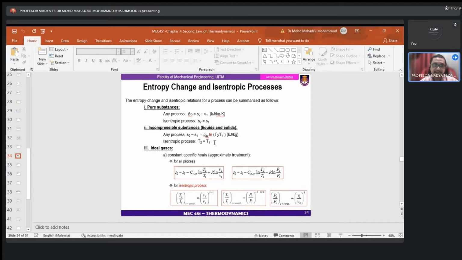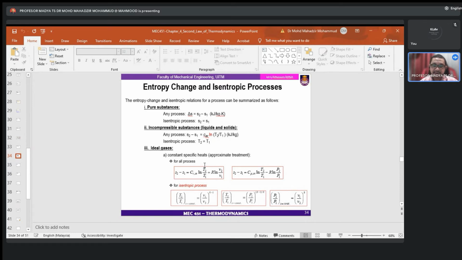For number 3 is the case of ideal gases. For ideal gases, the entropy change for the process is obtained by integrating the formula, and the formula will finally become, for all processes, as in the red boxes, left and right.